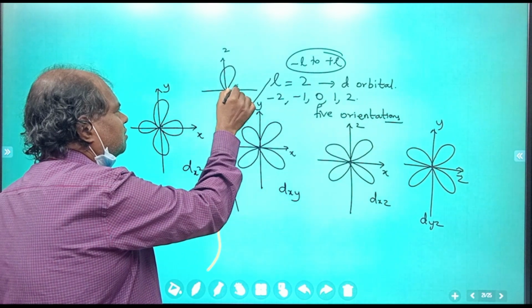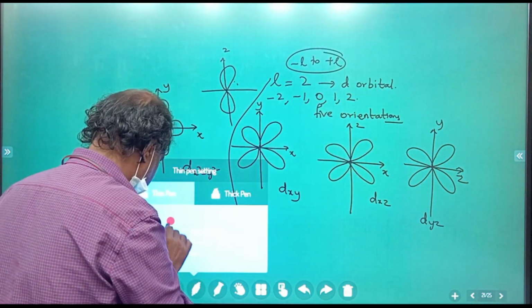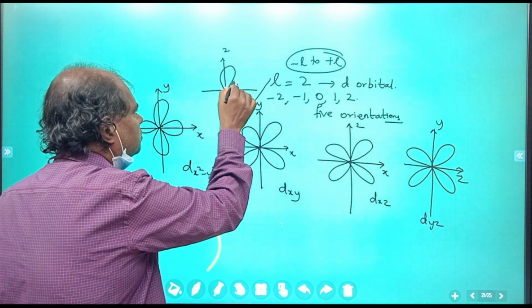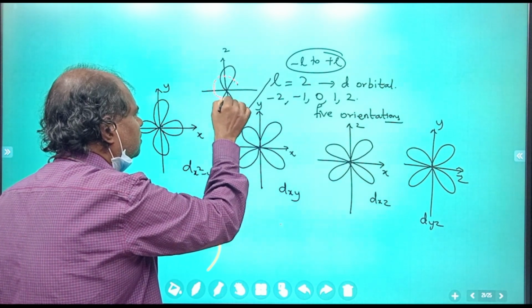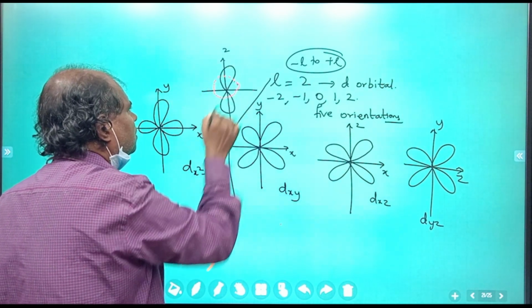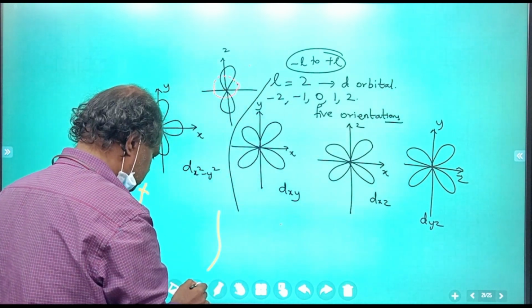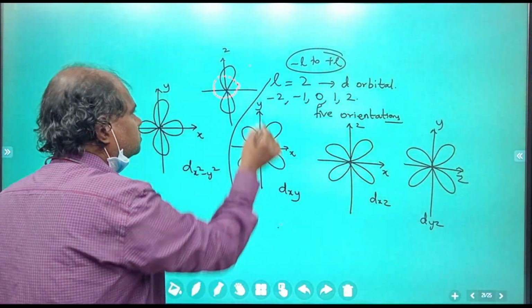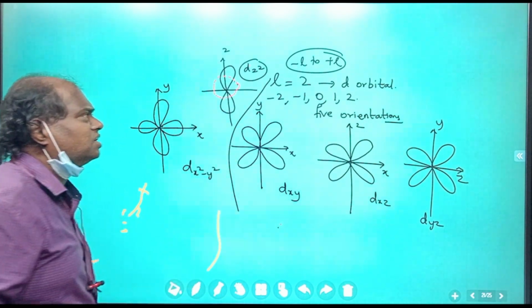Just see, I'll use a different color. Very interesting. This orbital is called dz square.